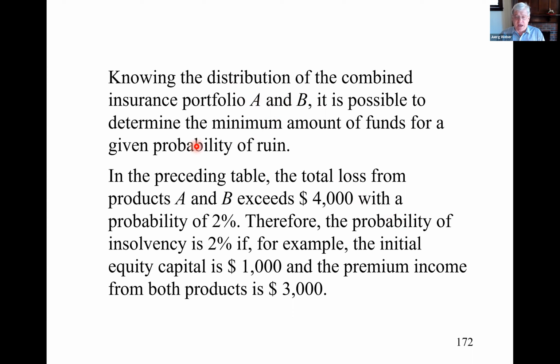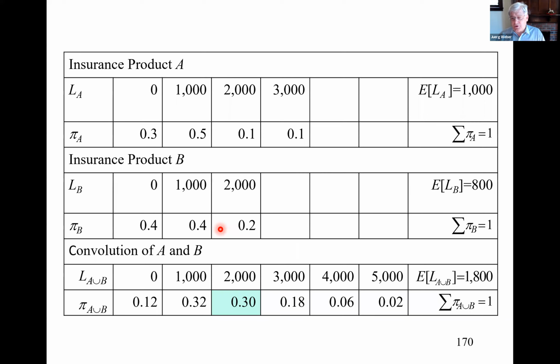Now, just as an example, in the preceding table, the total loss from products, the chance that the loss is bigger than 4,000 is 2%. You see, here we have the loss of 4,000.